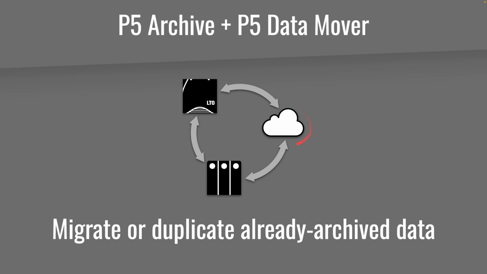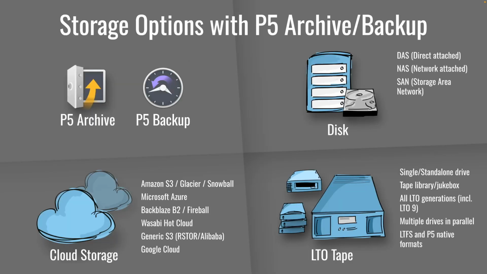You can migrate this to cloud storage, or to a newer LTO format like LTO 8 or 9 with much larger tape capacity. So Data Mover allows this flexibility of taking your cold data storage and the files within it and migrating that to any other storage that you wish to put it in. Over a period of decades, you can keep up to date with the latest storage technologies without redoing your archive from scratch.